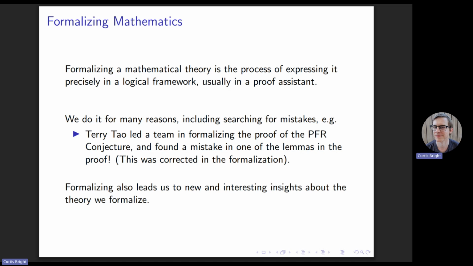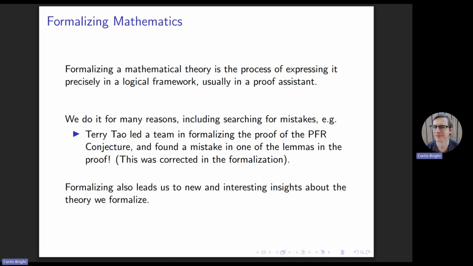So formalizing mathematical theory is the process of expressing it precisely in a logical framework, usually a proof assistant. Why do we do it? We do it for many reasons. Kevin Buzzard has a blog post that talks about why we want to formalize. So we want to have an indexed searchable database of mathematical results that all have a similar syntax.